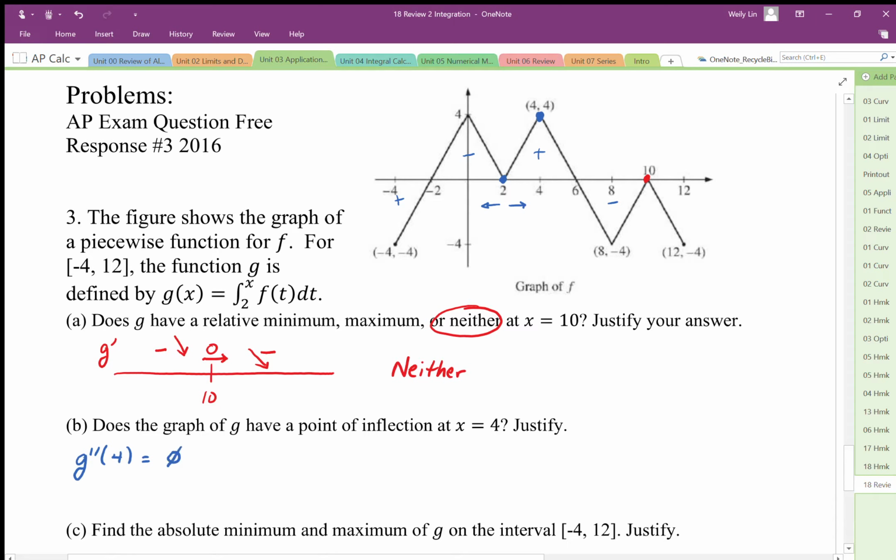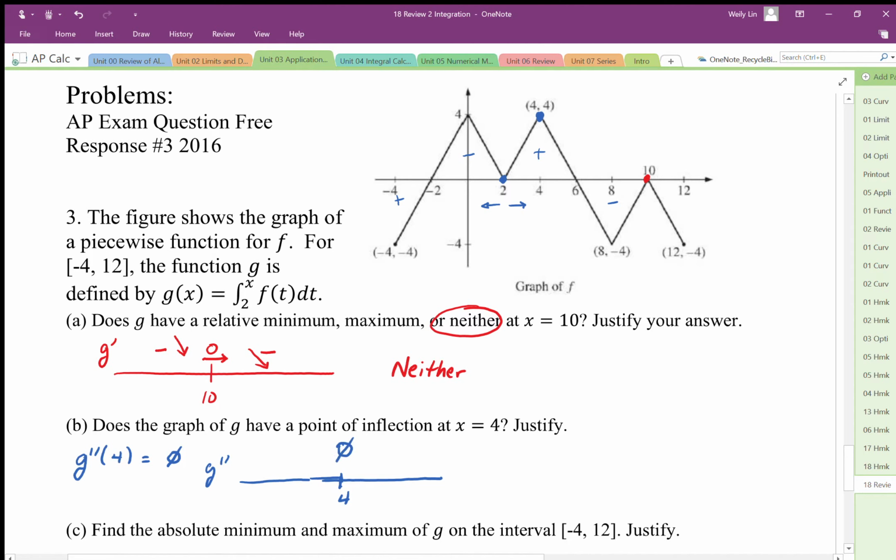Okay, so we have no value there because the slope at that point is undefined. However, if I take a look at my concavity chart, so really I'm looking at my g double prime, at x equals 4 it is a point of interest because it is undefined there.